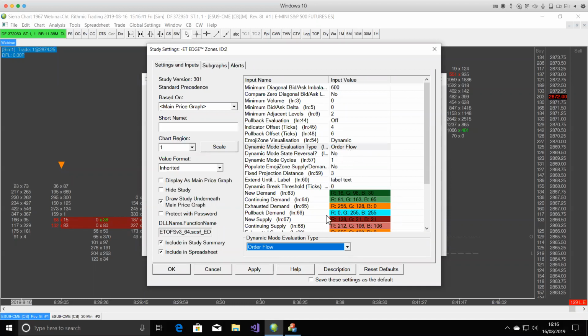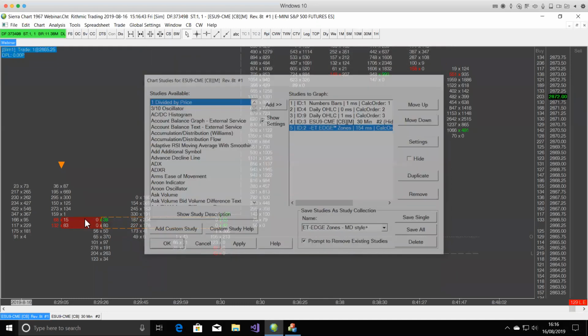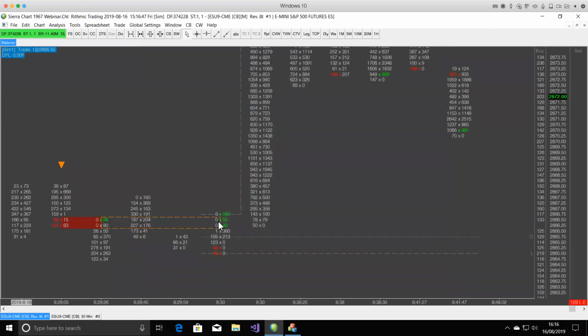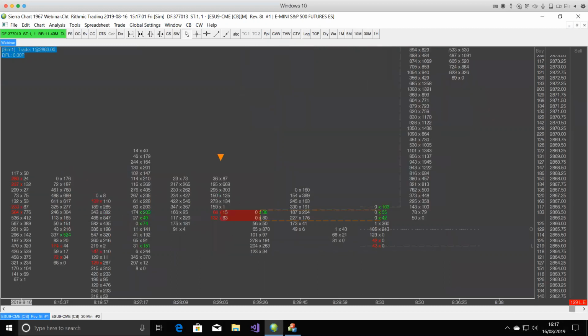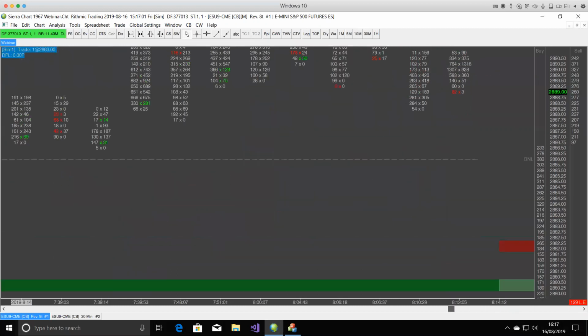So if I change price to order flow and hit apply, now, depending upon how we trade through these zones, we indicate whether the supply is continuing, which it isn't in this case. If it was continuing, it would be a more transparent red, or exhausted. If it's exhausted, it's likely to break, which sure enough it does. So let's just scroll back some examples of multiple states.